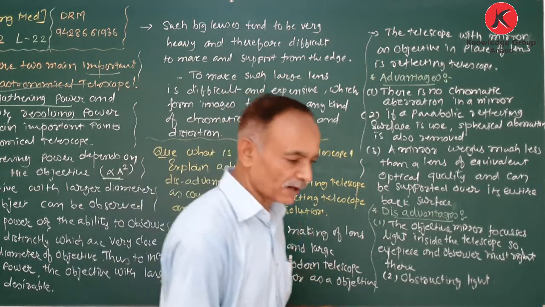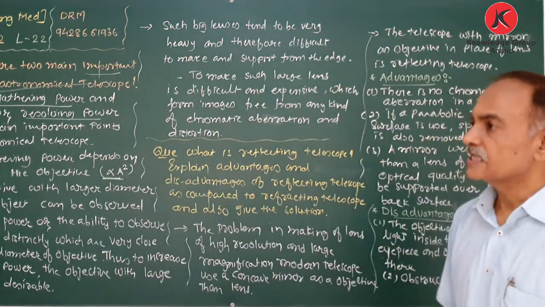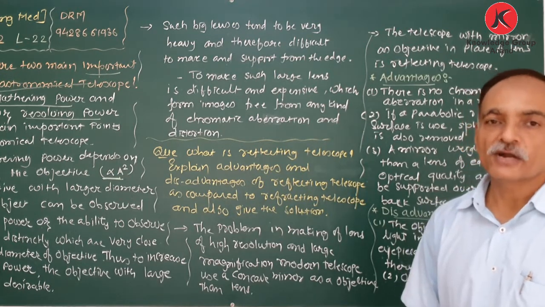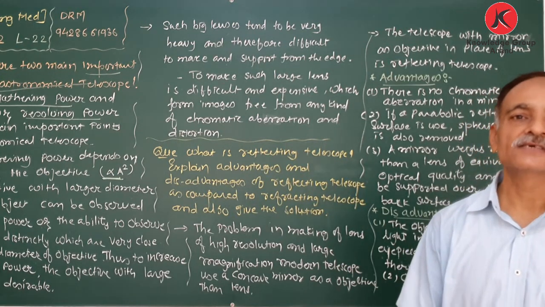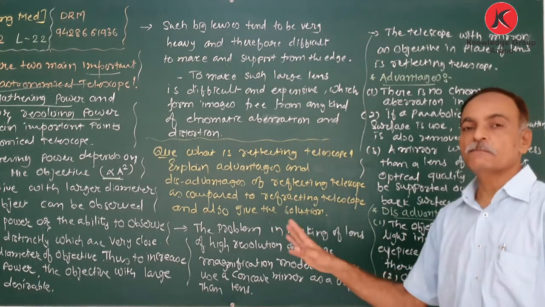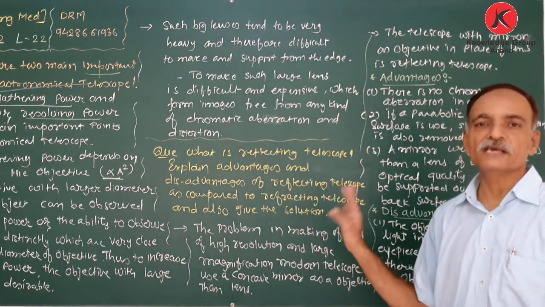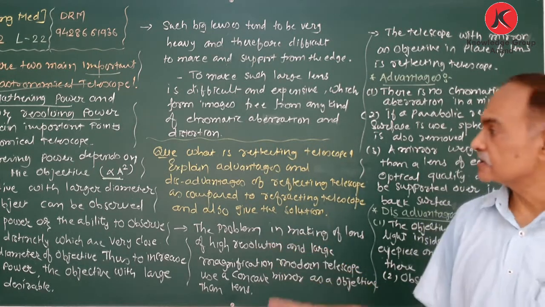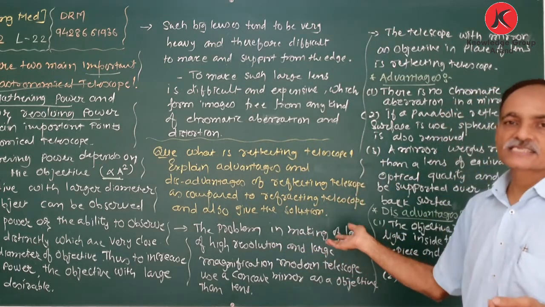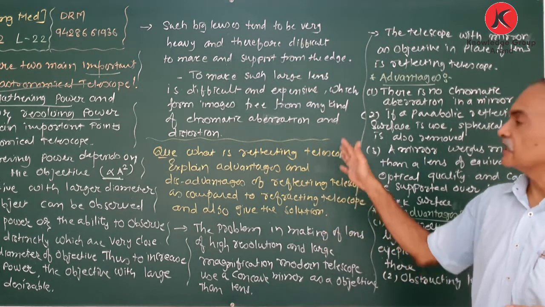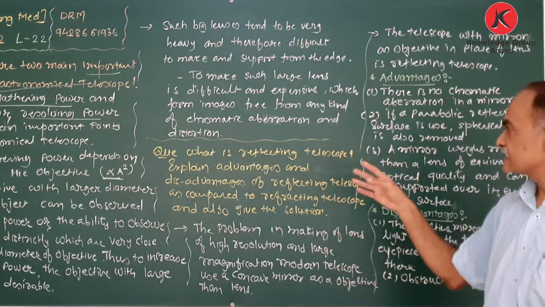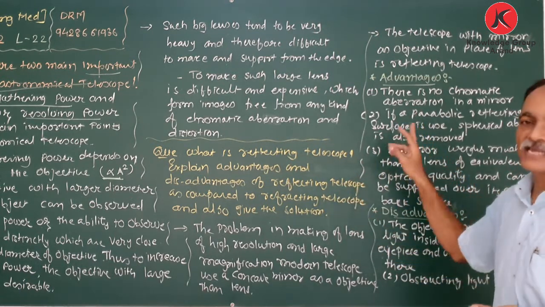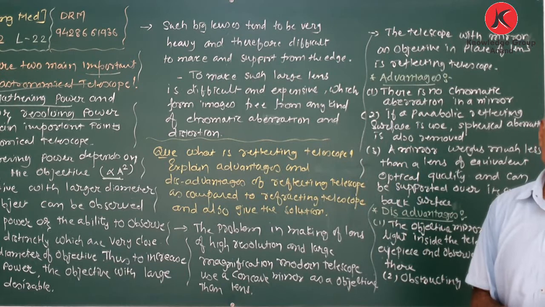The light gathering power of the telescope depends on what, and the resolving power of the telescope depends on what? In modern telescopes, what is used instead of the lens? The concave mirror, the mirrors are used. Why are mirrors used rather than lenses? Because they are less expensive and also less weight compared to the lens, and also by using the mirror, the two types of aberration, chromatic and spherical, are removed.